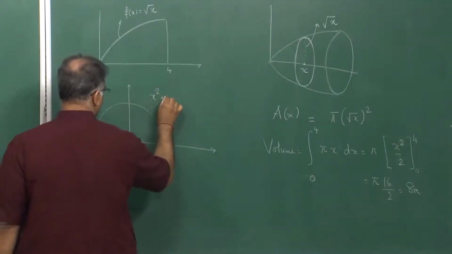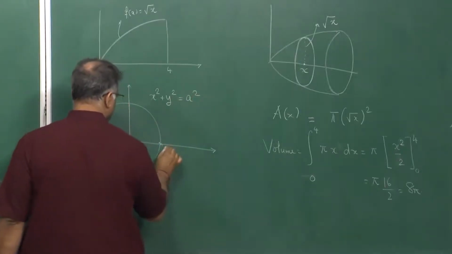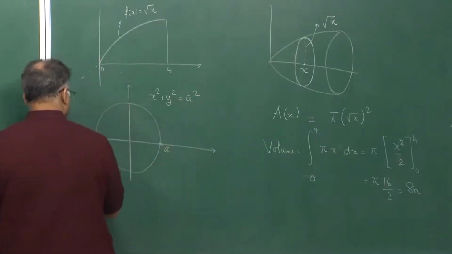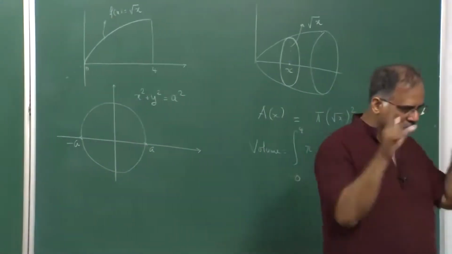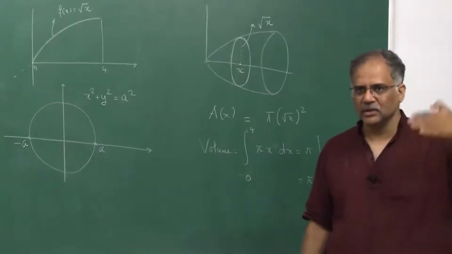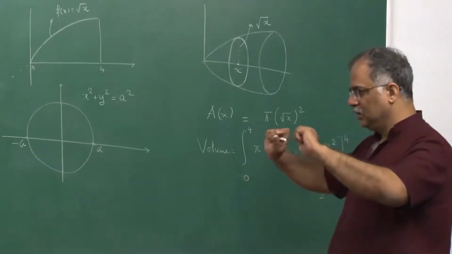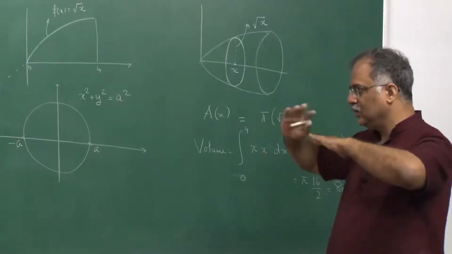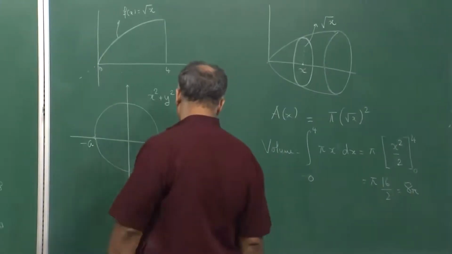So, x square plus y square is equal to a square. This is a, in x axis this is minus a. So, if I rotate this in the air, you can think, take a circle object and try to rotate it. Do it in your home, cut out a circle from a paper and just try to rotate it and see what it generates. It will actually generate a sphere.